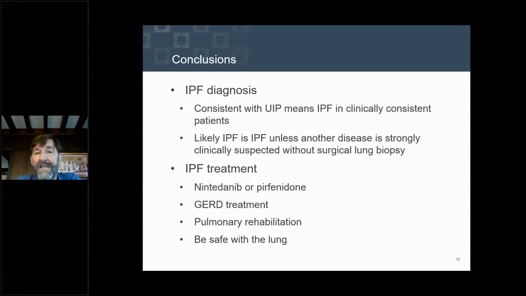The data isn't confirmed as a randomized controlled trial. So I do use nintedanib first because they have the better data. If they are intolerant of nintedanib with progressive pulmonary fibrosis, I will go to pirfenidone based on the meta-analysis. Again, I try to keep an eye out on that new agent.